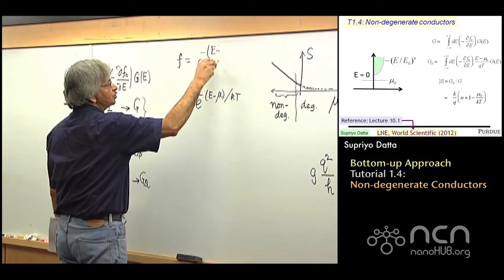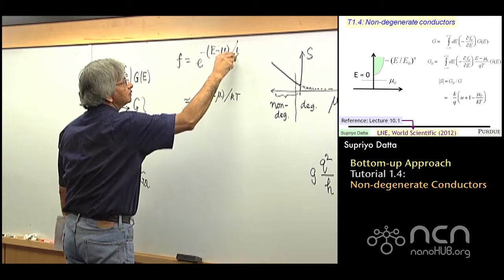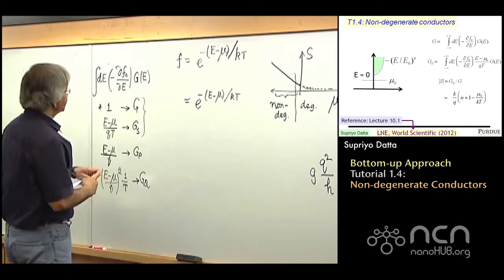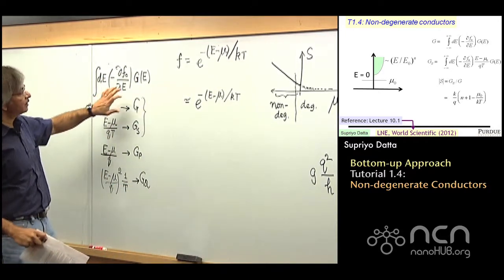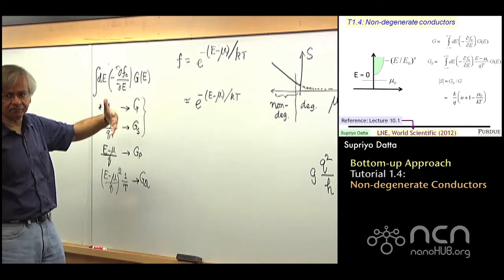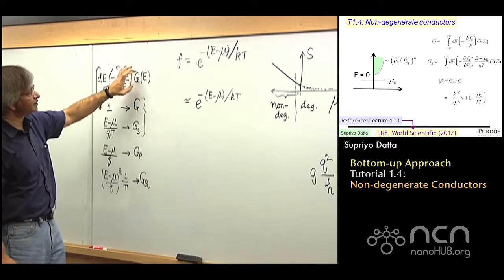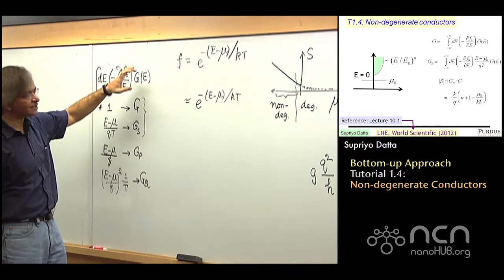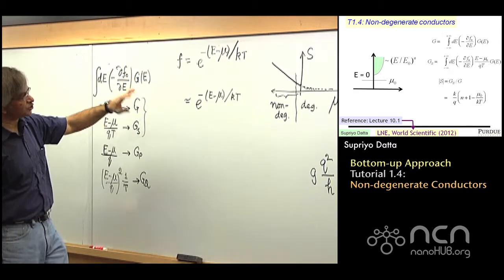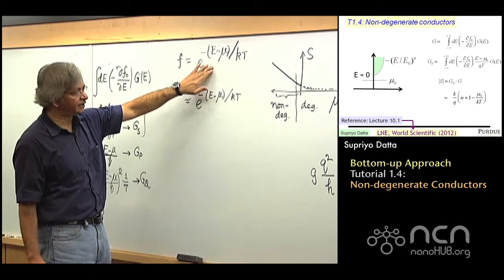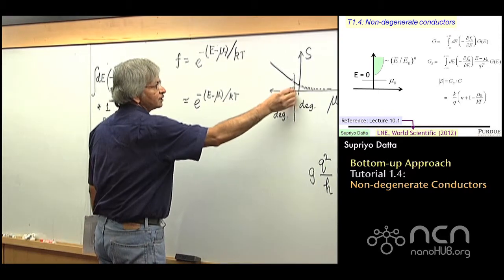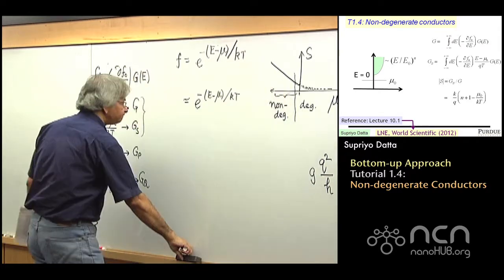That allows you to do this integral in a relatively elementary, relatively simple way. Whereas if you want to use the full Fermi function, the integral is a little more complicated. It involves these Fermi-Dirac integrals, which I didn't quite want to get into. But we'll assume it looks just like an exponential, and thereby we'll try to get an expression for the Seebeck coefficient in this regime. Okay?